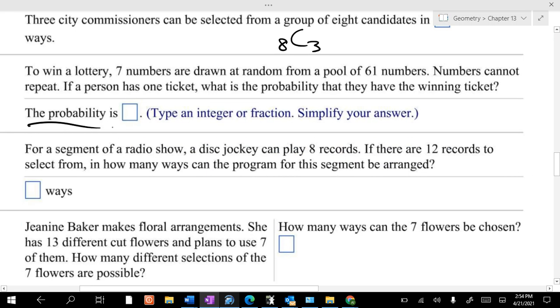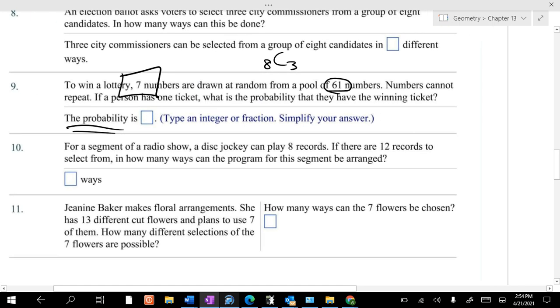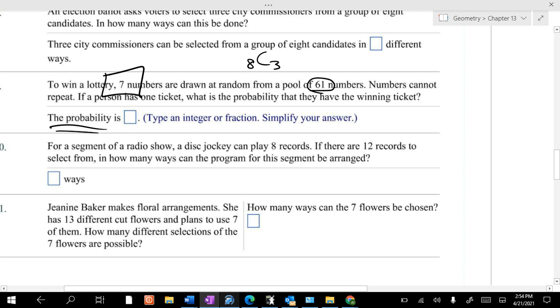Lottery. What's the probability of winning the lottery, if you've seen those ping pong balls in the lottery machines and they spit them out, and there's 7 numbers, and the numbers don't repeat. So there's 61 numbers as they spit them out. What's the probability of having the winning ticket if you just get a ticket at random?